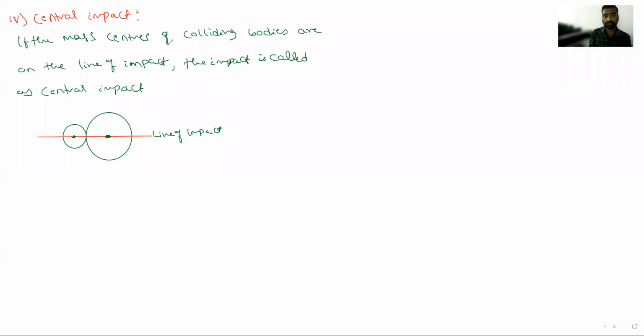If the mass centers of the colliding bodies are on the line of impact, then the impact is called central impact. Here you may take a solid body or the same object also. This is one object and this is one more object of the same kind. Here also their mass centers are lying on the same line.